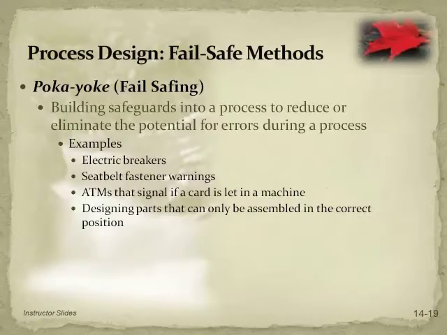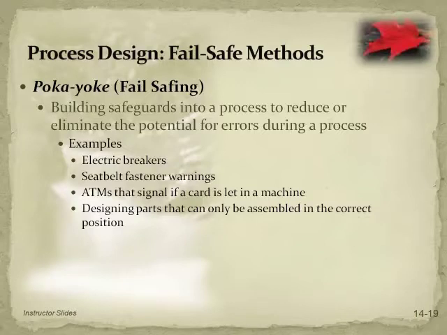Poka-yoke. This is another concept. In this example, this is a Japanese word, poka-yoke. It basically means fail-safing. So in our process of assembly, let's build into the process the elimination of even making a mistake.